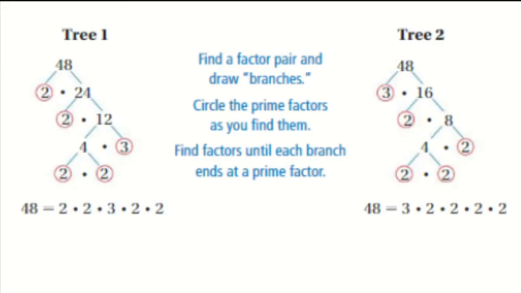And there's different ways to do it. You see this example there in your books. They start with 48. There's a couple different ways we could do 48. Tree 1 started with 2 times 24. Tree 2 started with 3 times 16.